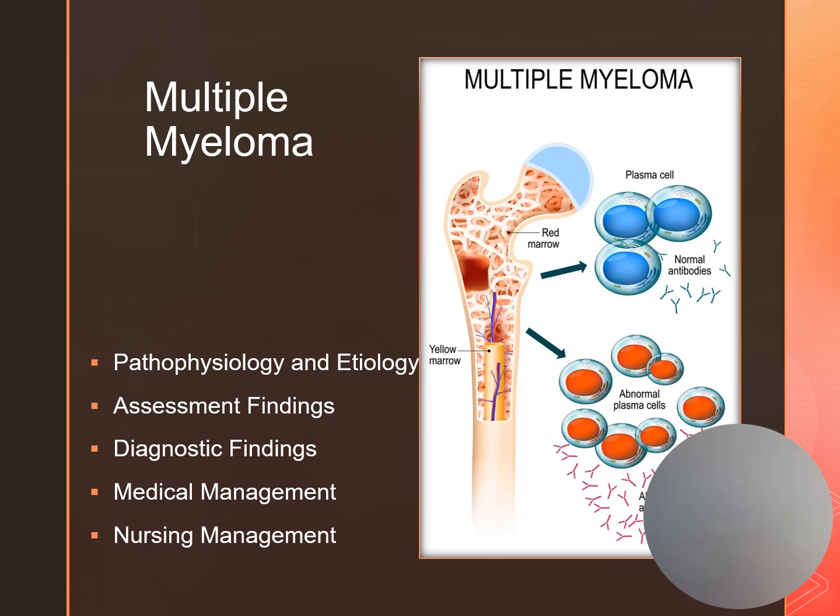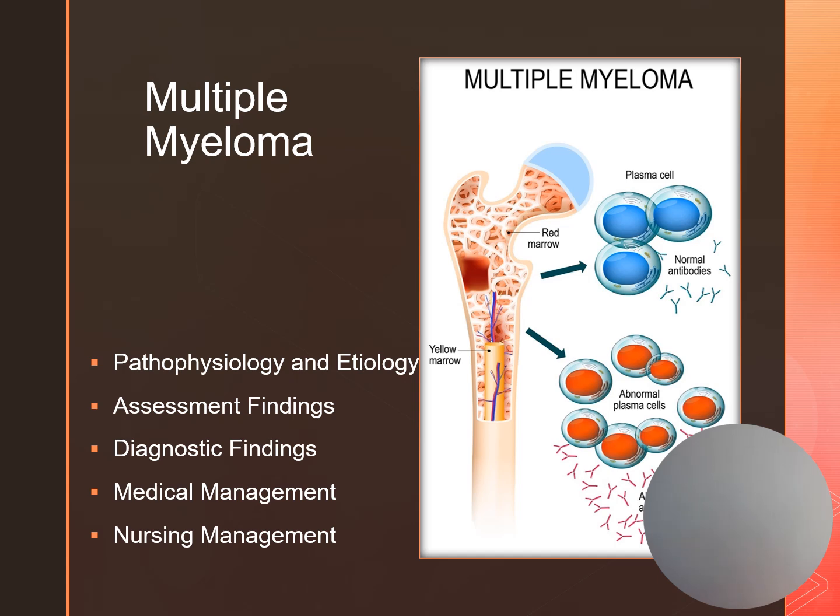Multiple myeloma is a malignancy that involves plasma cells. The osteoclasts, remember these are part of your bone cells, break down bone cells and result in increased blood calcium and pathologic fracture. So remember, when the calcium leaves the bone, it goes into the bloodstream.